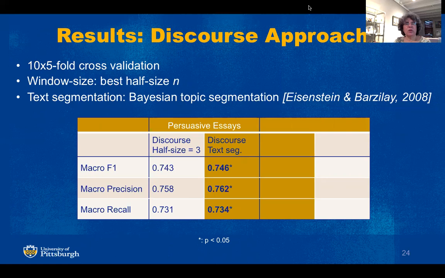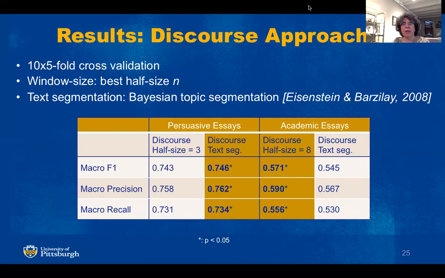For this, we use tenfold cross-validation. We give the window size approach its best option by using the best window size, even though maybe in a real case we might not be able to get that, but it evaluates the best that it could do. And as our text segmentation algorithm, we use the Bayesian topic segmentation algorithm software that's publicly available.